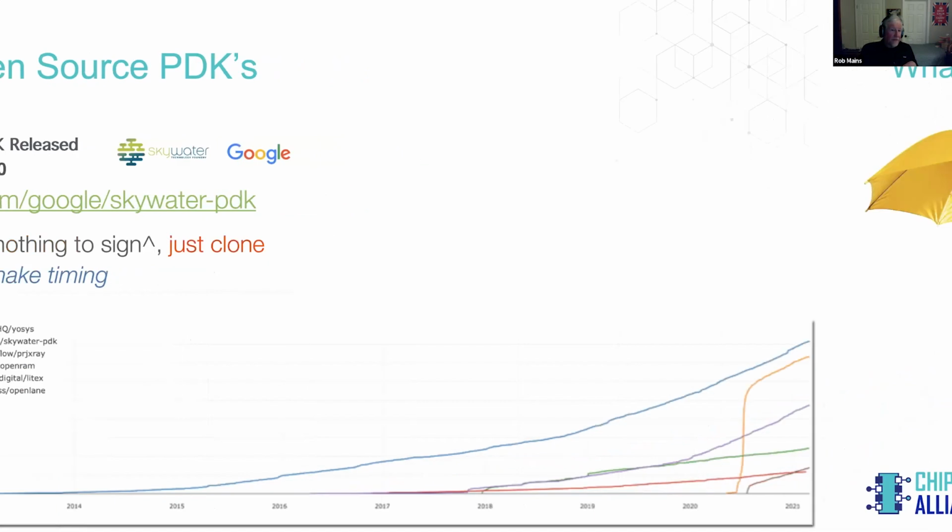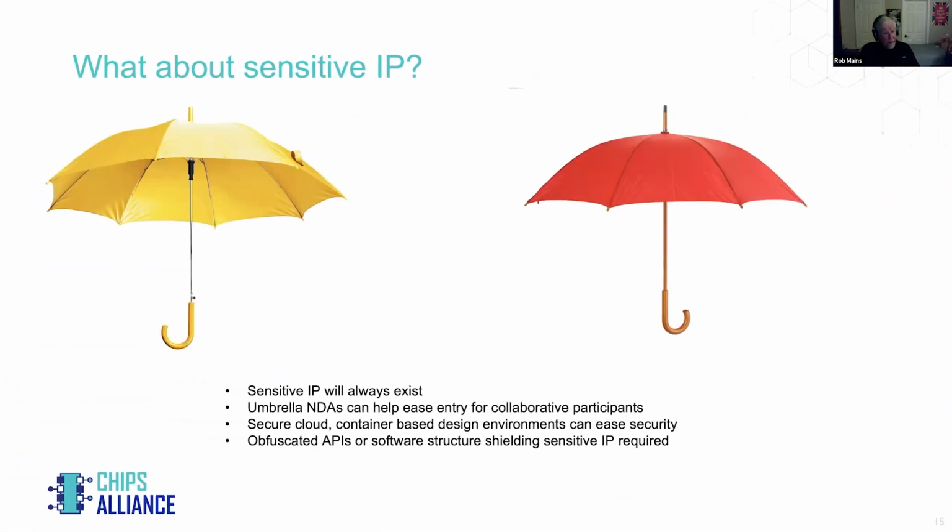The question then, though, is, well, what about sensitive IP, right? As I mentioned earlier, foundries do invest significant amounts of money and engineering time into building new process technology. So working with some of my partners, we do have ways to do this, right? We have different types of what we call umbrella type of agreements, right? Whether it be for yellow IP, which might be for something like a 12 nanometer process technology, to red IP, which could be more like a 7 or 5 type of nanometer.